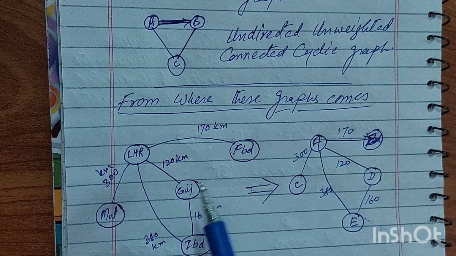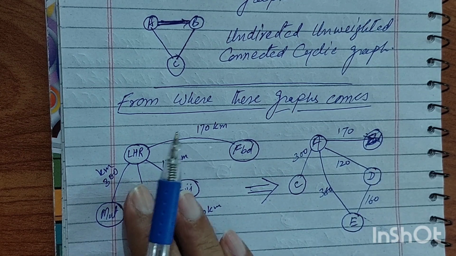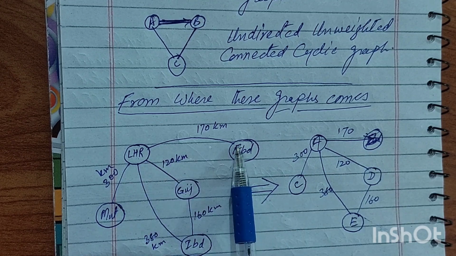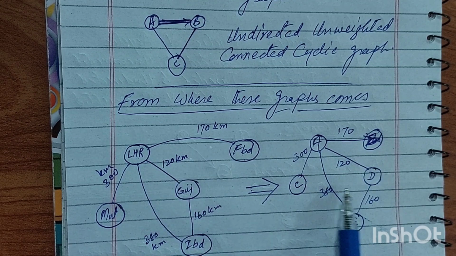For example, I just converted this real life scenario into a graph where every city is converted into a vertex and the road link between two cities is converted into an edge.